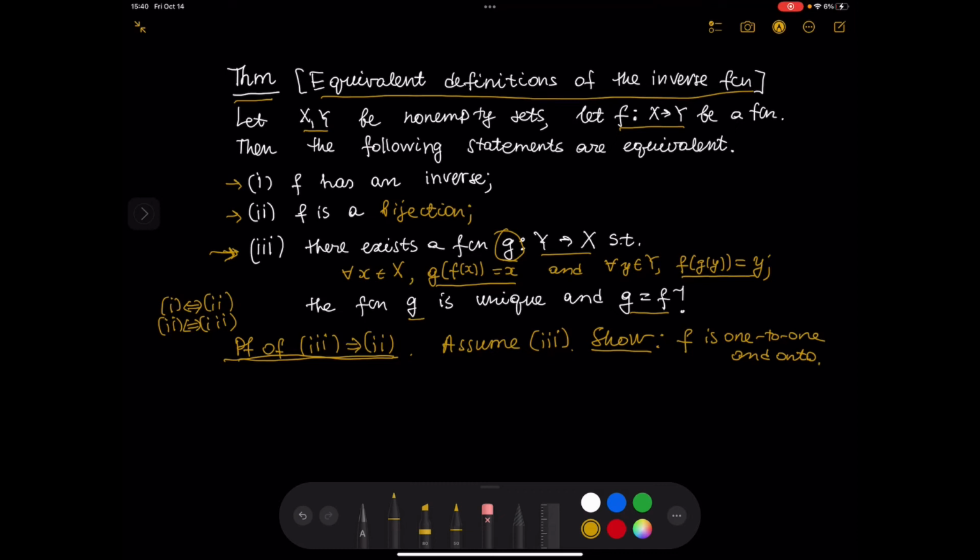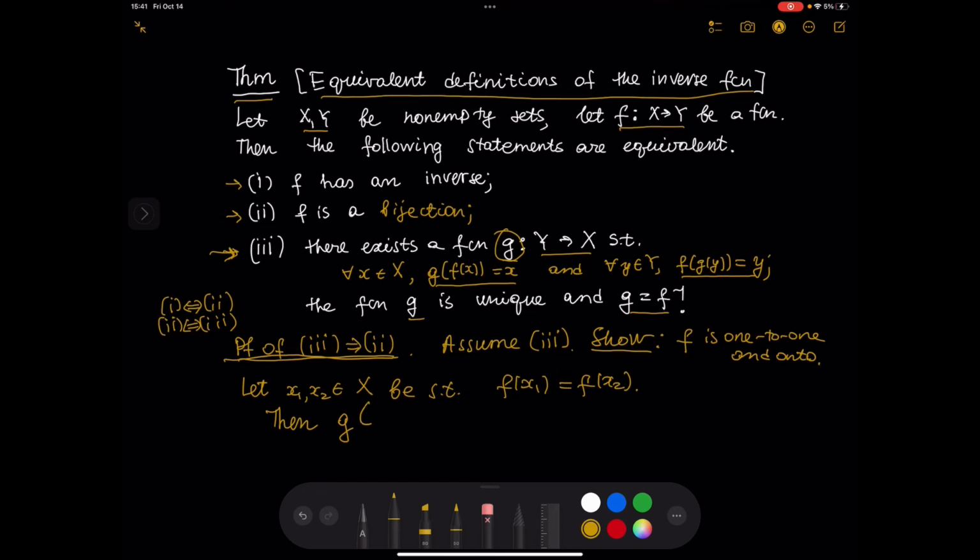So first of all, let us show that the function f is 1 to 1. So let x1 and x2 be 2 points in X such that f of x1 is equal to f of x2. So we want to show that x1 is equal to x2. So we are going to use our function g.